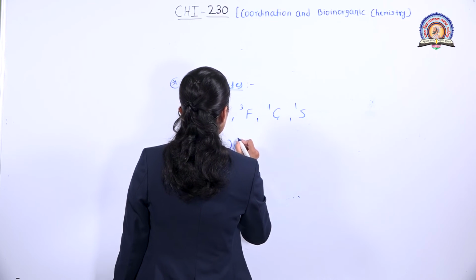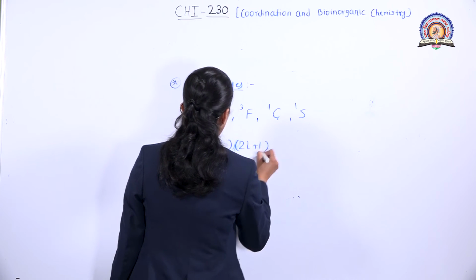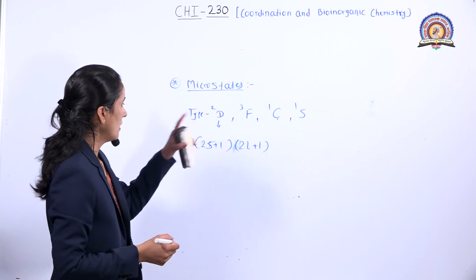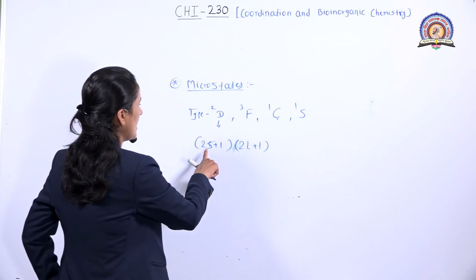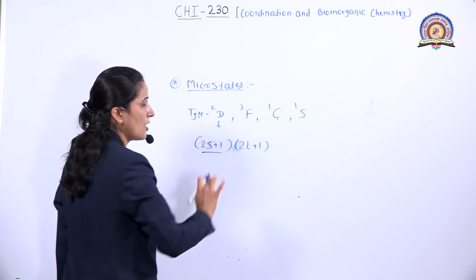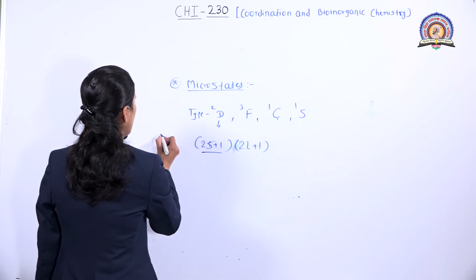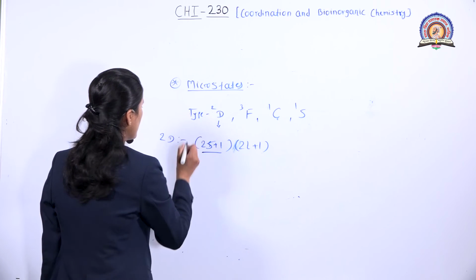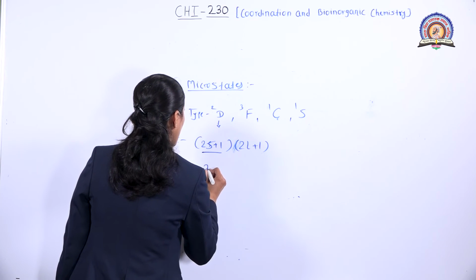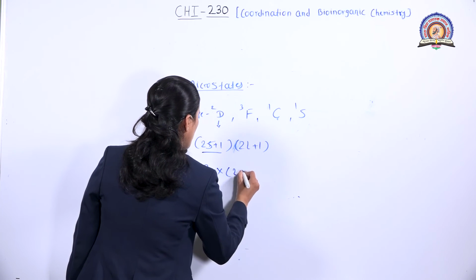In the D2 term, the spin multiplicity is already given, that is 2, into (2L plus 1).